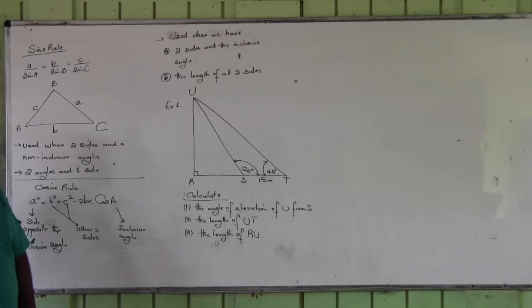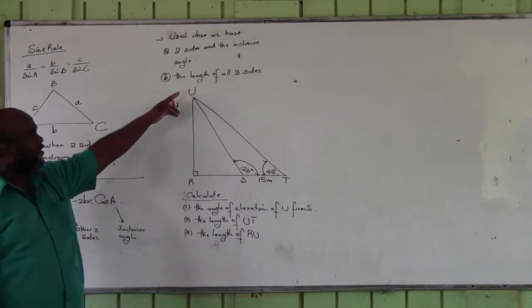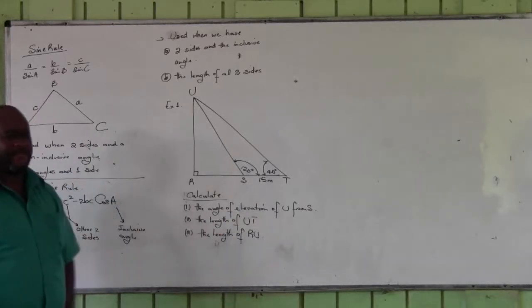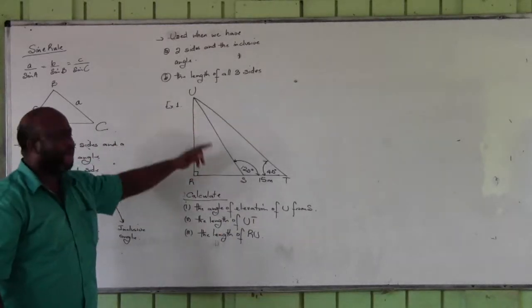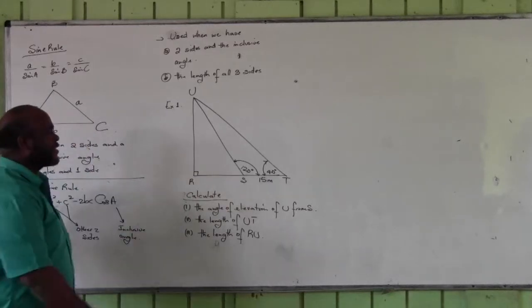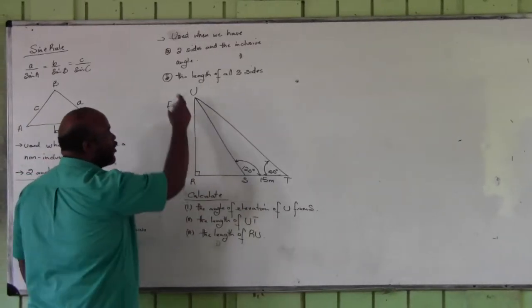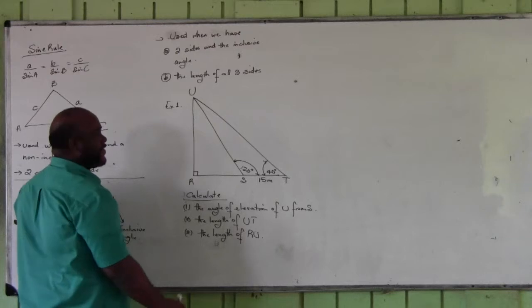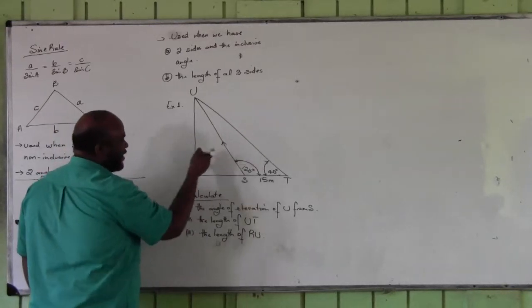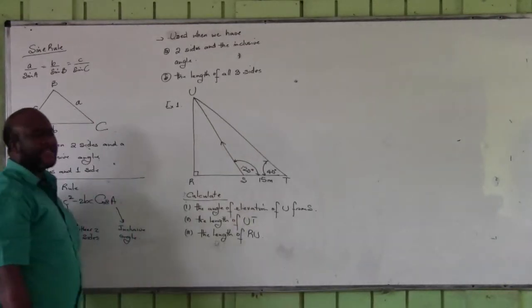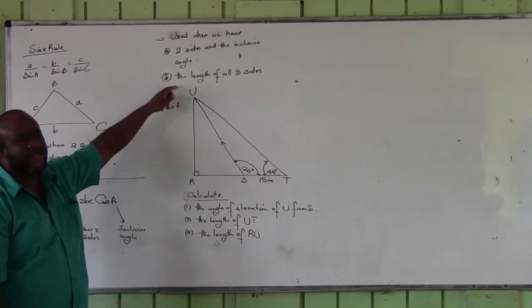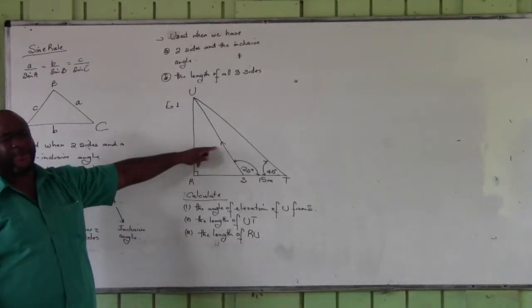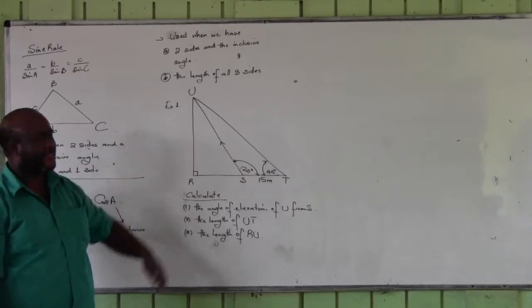Alright, angle of elevation. We're to calculate the angle of elevation of U from S. Now, angle of elevation of U from S means that someone is at S looking up at U. This is the person's line of sight.